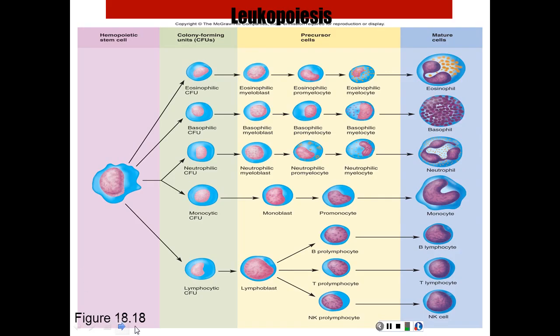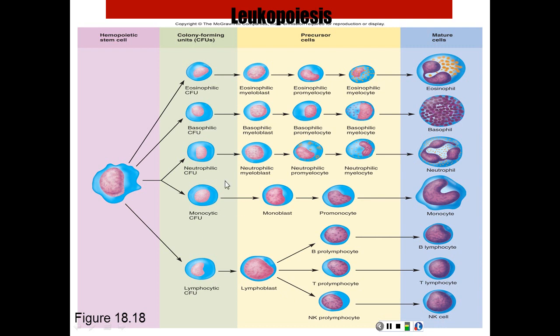We have this figure 18-18, and this will show you the various myeloblasts, monoblast, and the lymphoblast. Here we have our lymphoblast, and this one will eventually give rise to our remaining lymphocytes, the B lymphocyte, T lymphocyte, and our NK lymphocyte.